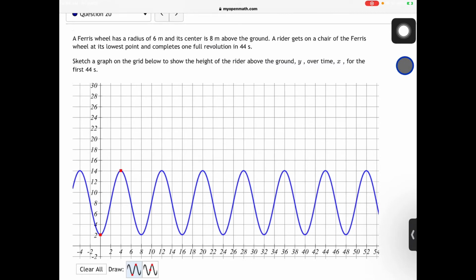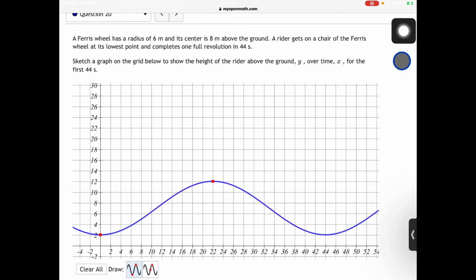So that means that if I start at the lowest point here, in 44 seconds I would be back at the lowest point. So I need to think, how long would it take for me to get to the highest point? Well, that would be half of the period, half of 44. And half of 44 is 22. So I could take this and drag this over to 22.